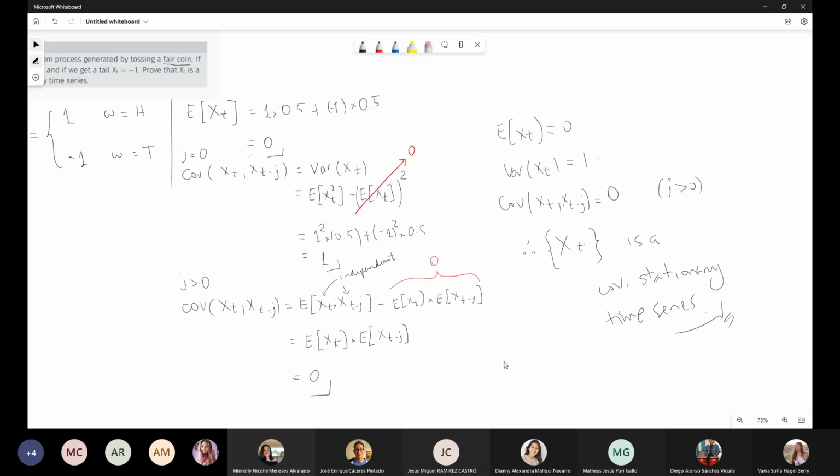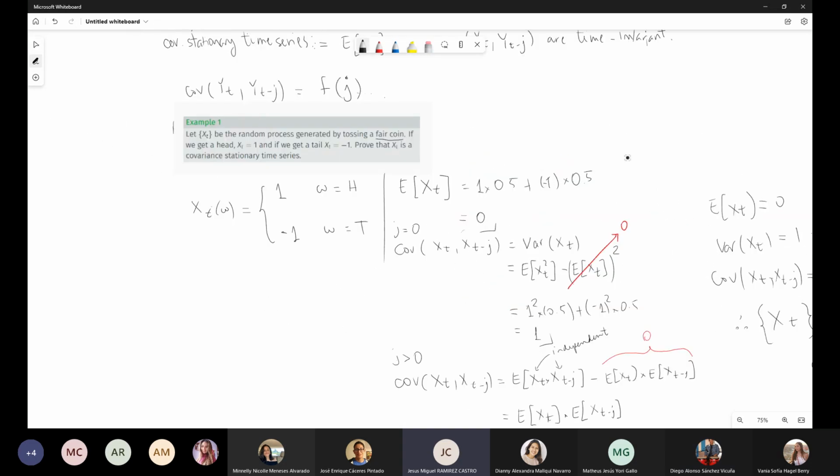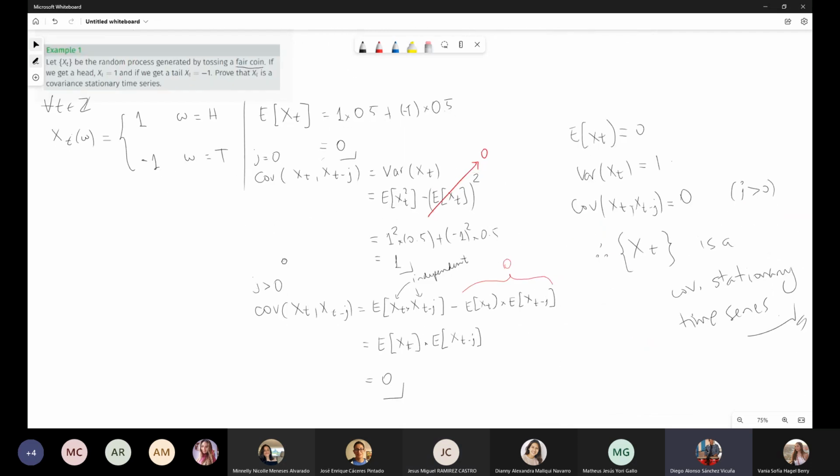Yes. xt minus j takes these same values, like for all t here. Ya, y en el caso de abajo, por ejemplo, de covarianza, si no fueran independientes, tendría que ver todas las combinaciones que habría entre el 1 y el menos 1, ¿no? Yeah, that's right.